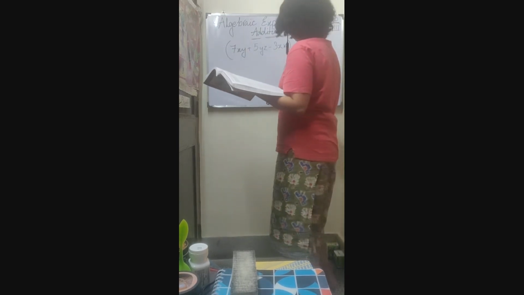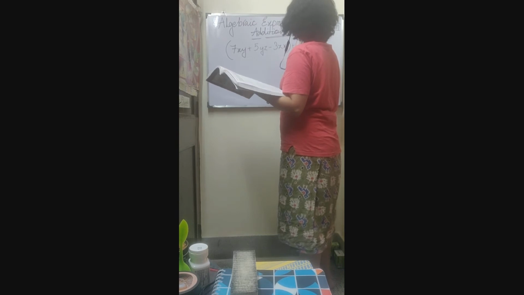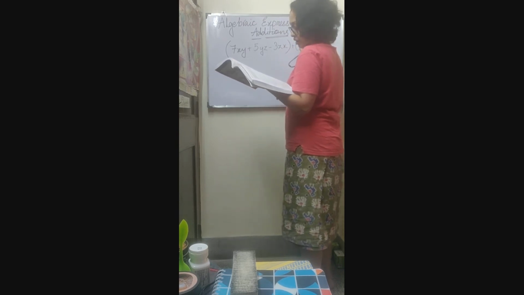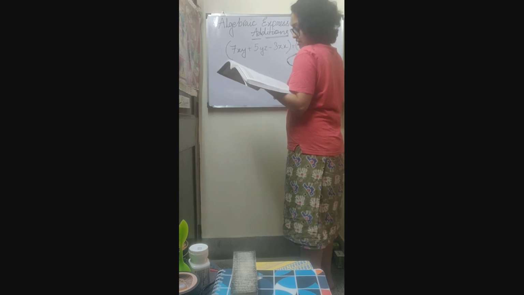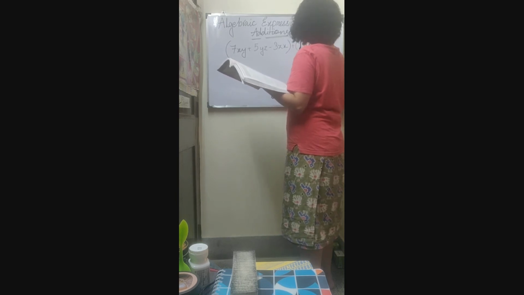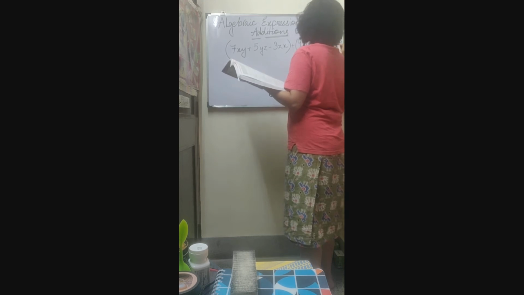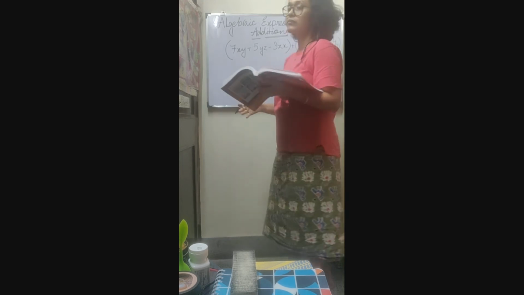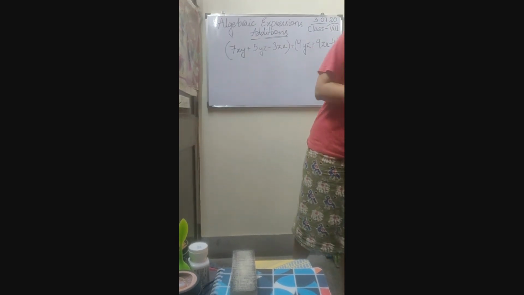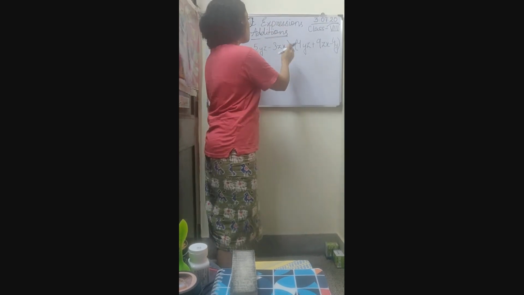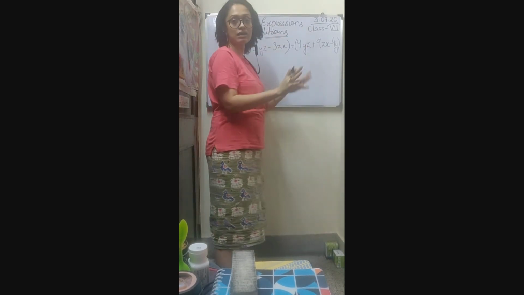Let us add 4yz plus 9zx minus 4y to it. Okay? So what should we do now? The first thing that we will do is remove the brackets.